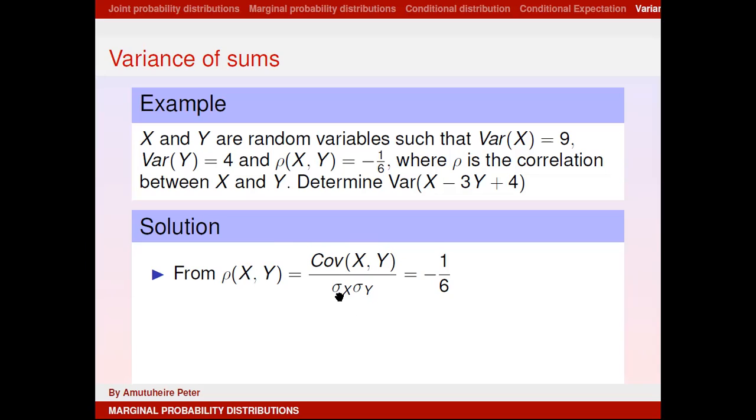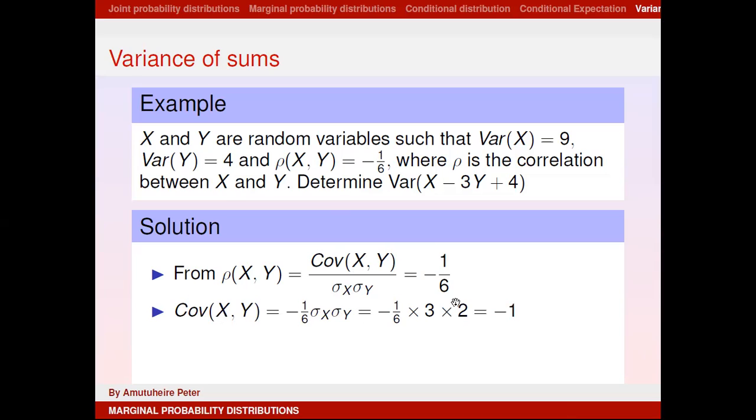The standard deviation is just the square root of variance. We are given this correlation as -1/6. So that means the covariance of x and y is -1/6 times sigma x sigma y. When we cross multiply, we are here.